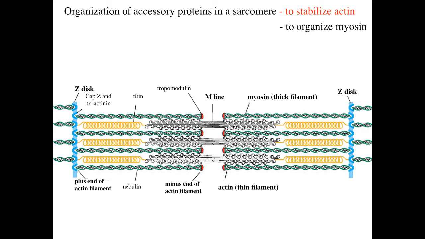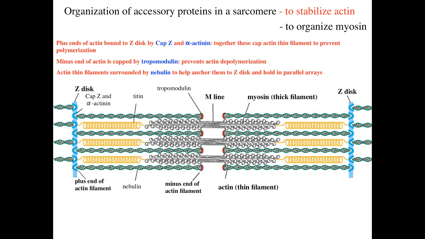These serve to first stabilize the actin and also to organize myosin. Now remember, because actin has a polarity, there's a plus end to actin molecules and a minus end.